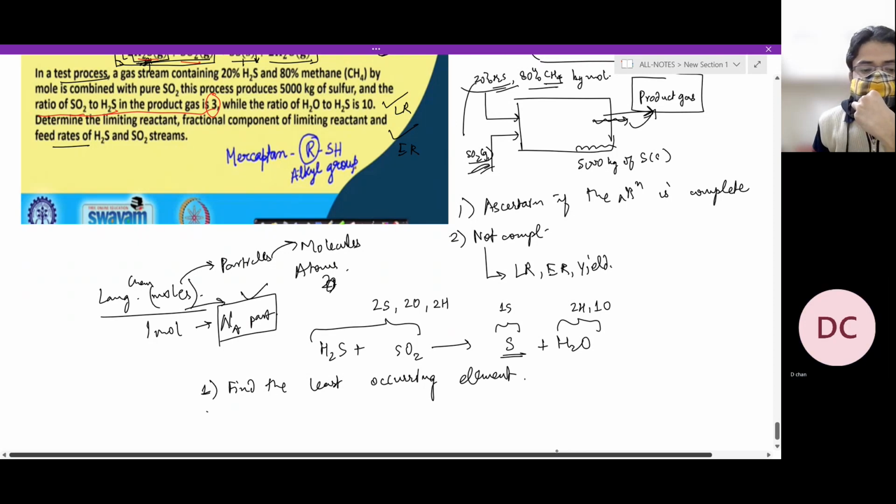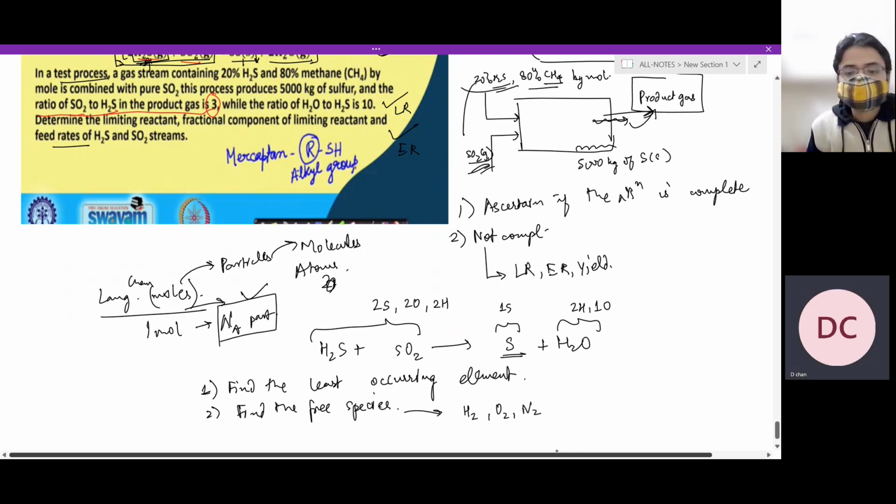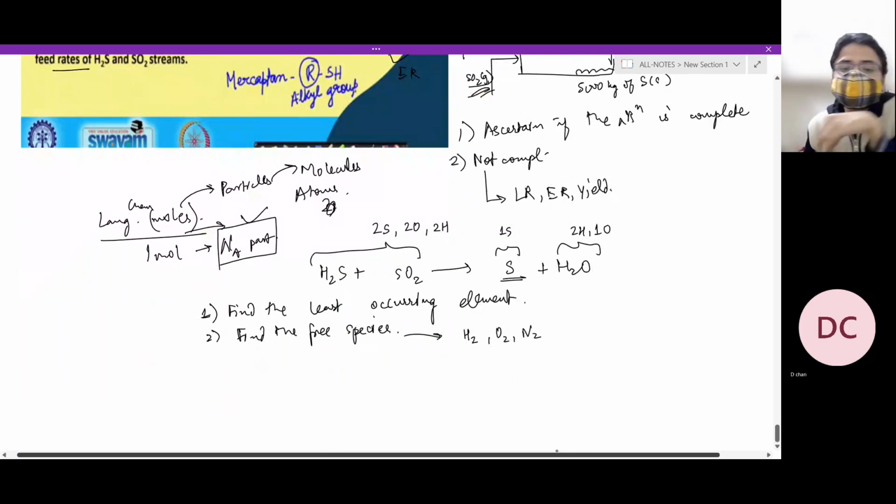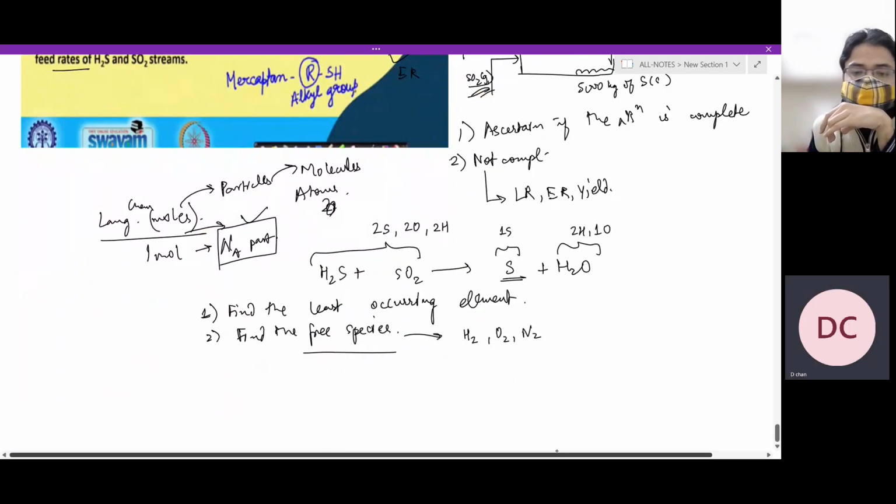Reason being, the second part is to find the free species. Oftentimes, you'll have individualized species like H2, O2, N2. Why do I suggest finding the free species?